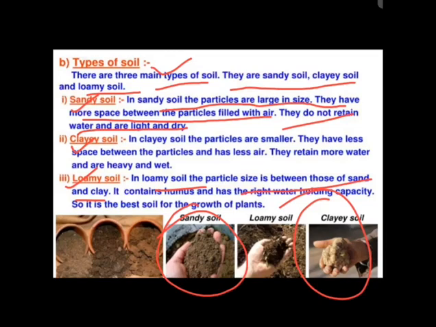So they are in between those of sand and clay. This loamy soil also contains humus and has the right water holding capacity. So this is the best soil for the growth of plants. So there are three types of soil: sandy soil, clay soil, and loamy soil.